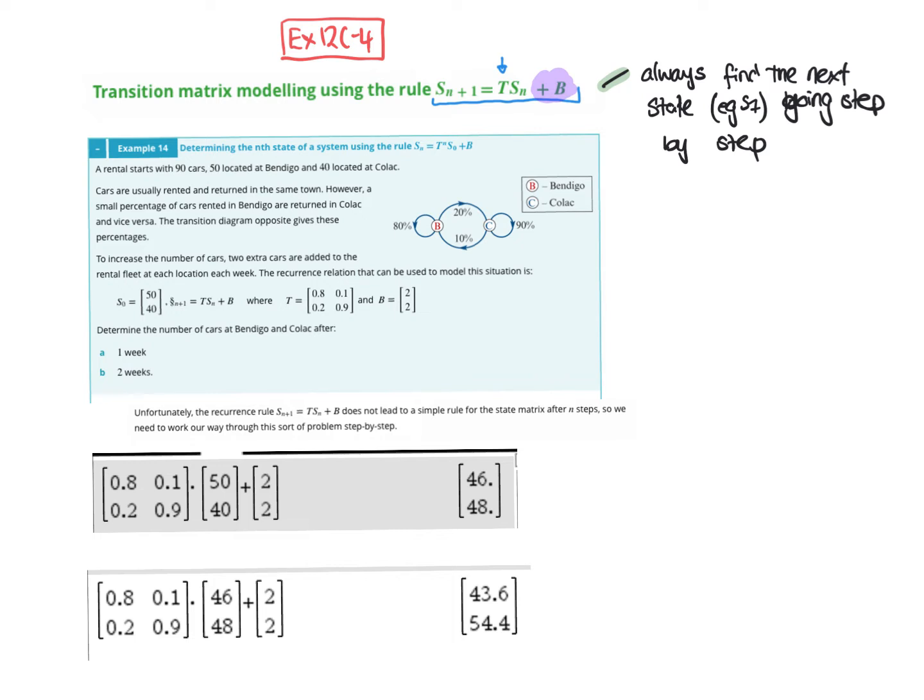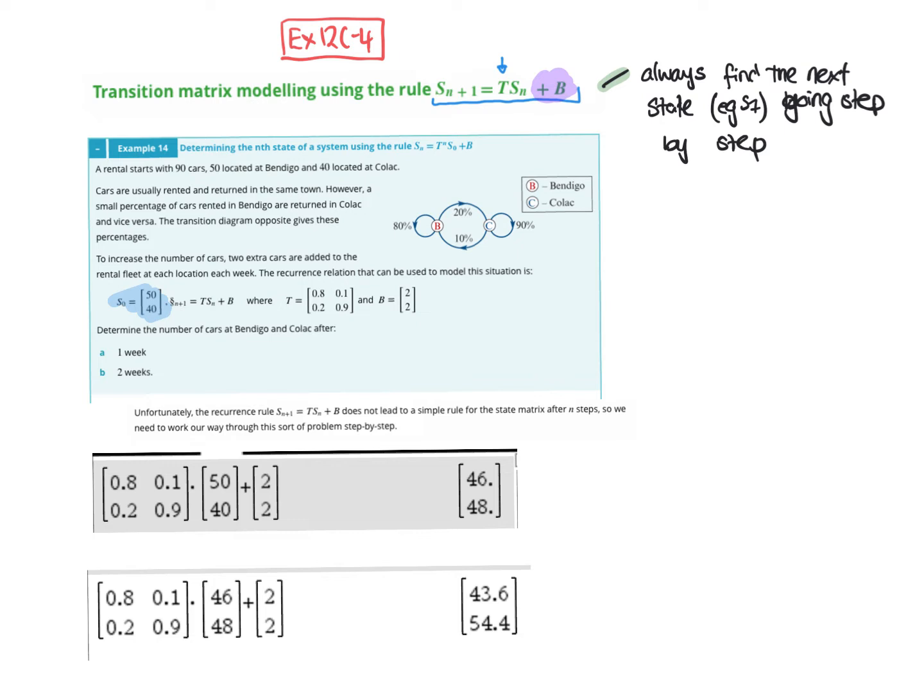We said a car rental starts with 90 cars, 50 located at Bendigo and 40 at Colac. So they gave you the S0 and they've put that down here. And cars are usually rented and returned to the same town. However, a small percentage of cars rented in Bendigo return to Colac and vice versa.